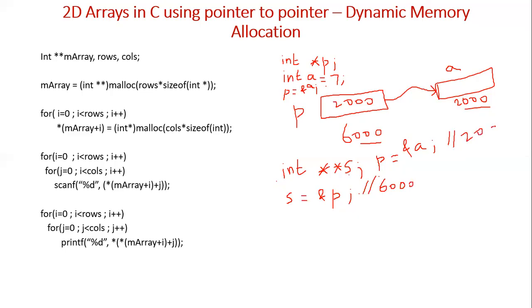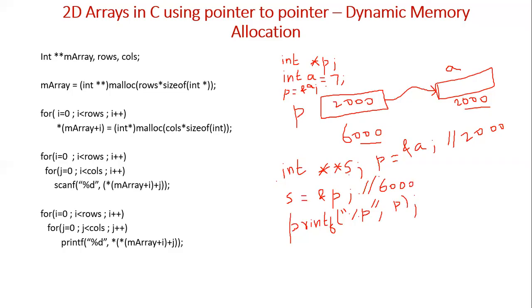Okay, fine, right? Now if I write a printf with percentage p and comma p, what will it display? p contains 2000, so it will just display 2000.